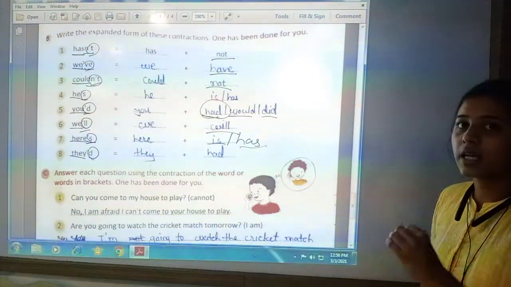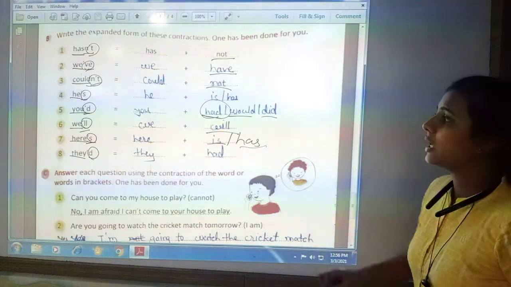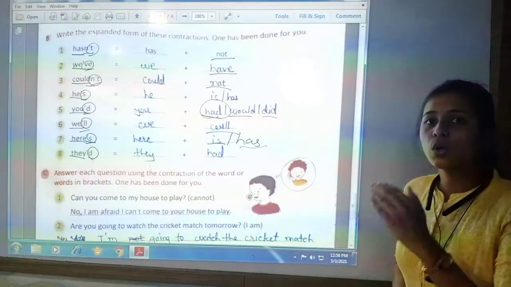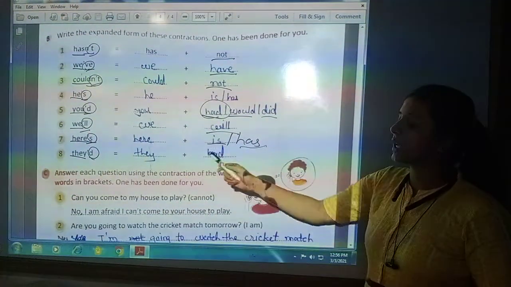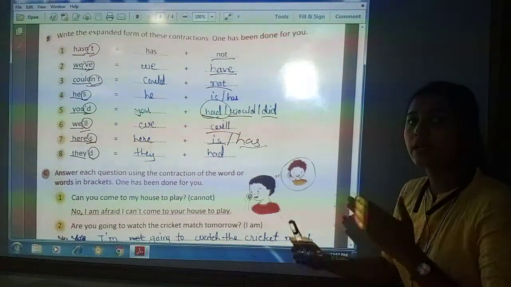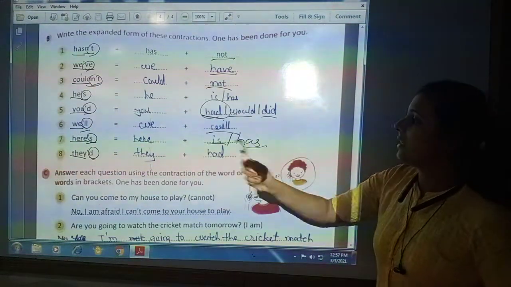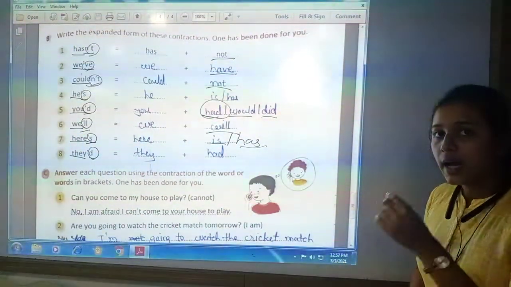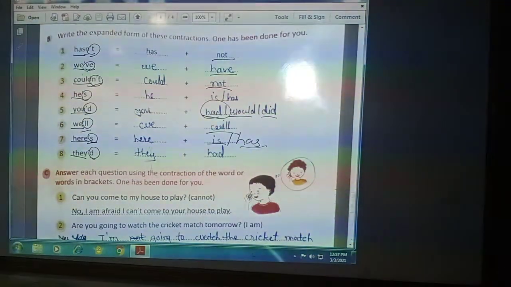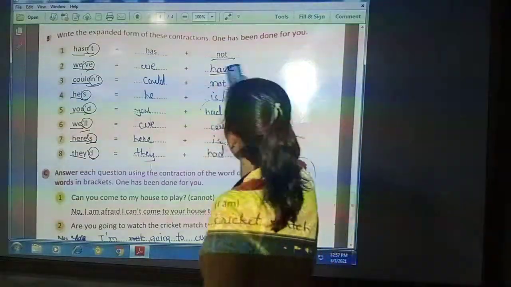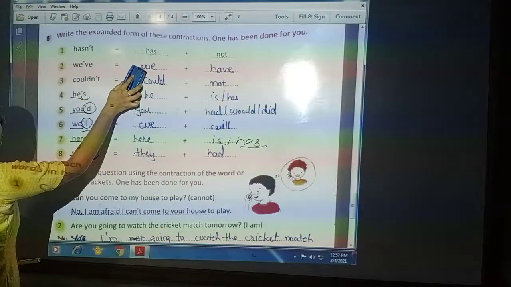He's will become he is or he has. Then you'd become you had. We'll will become we will. Here's become here is or here has. Then they'd become they had. So in this way you have to write the expansion of the given contraction.